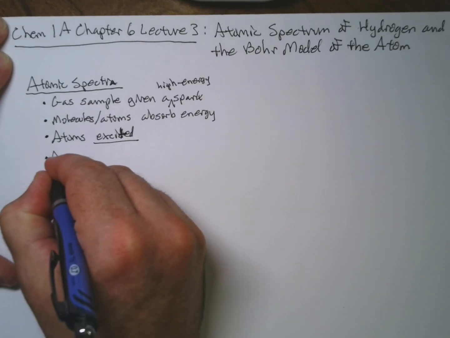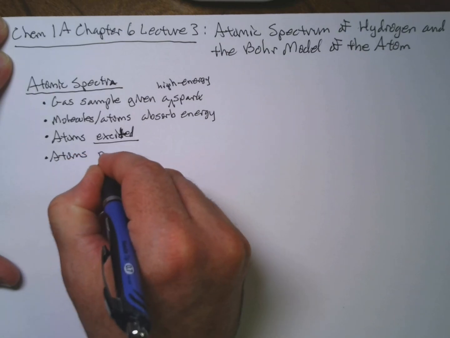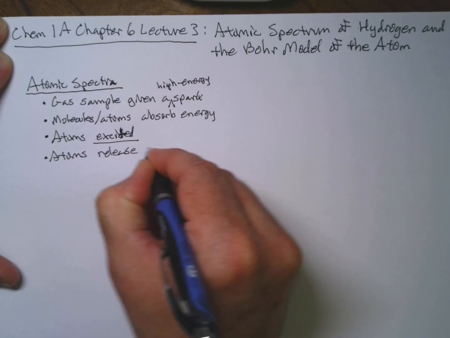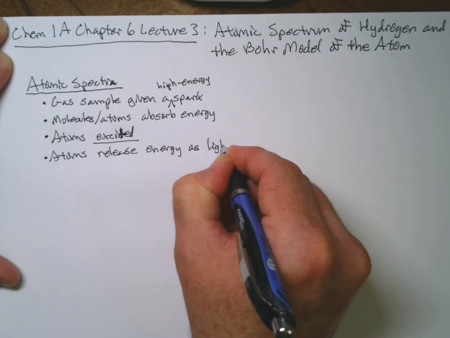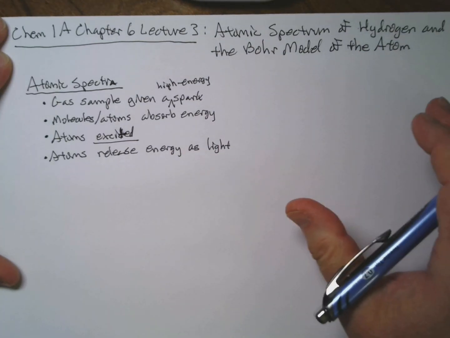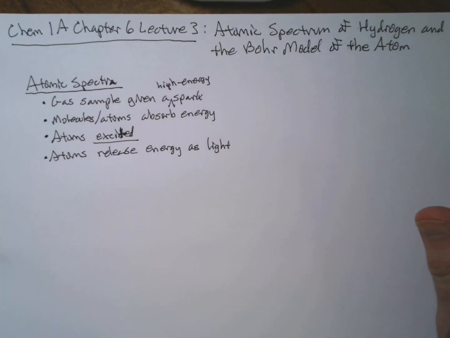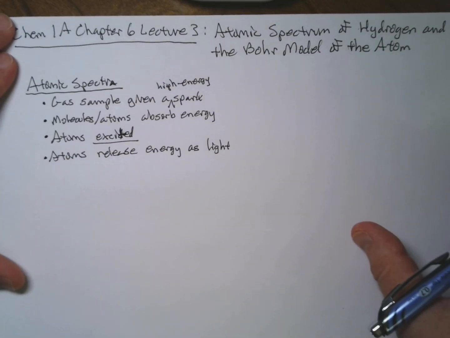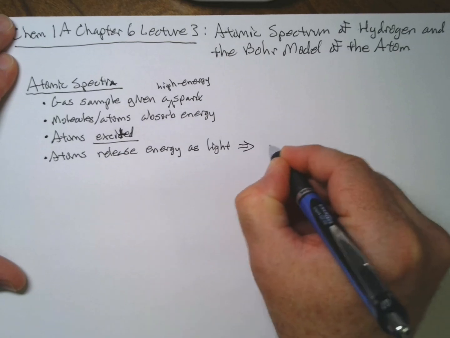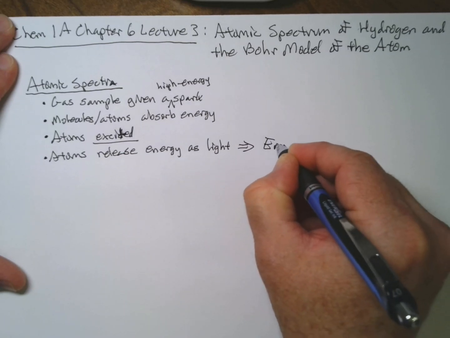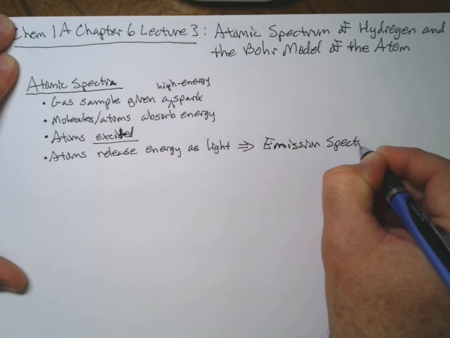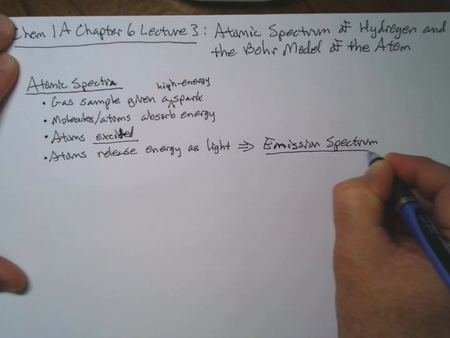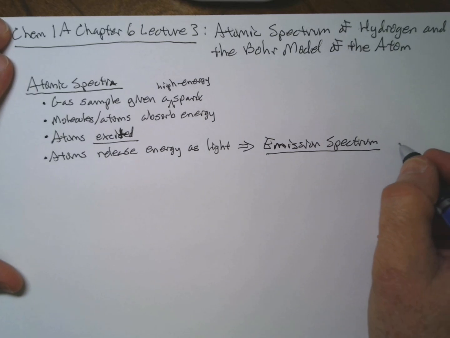And then the atoms release the energy as light. And the light is released at different wavelengths. And that is the emission spectrum, in this case the emission spectrum of hydrogen.